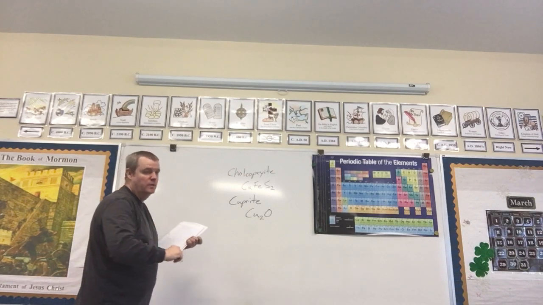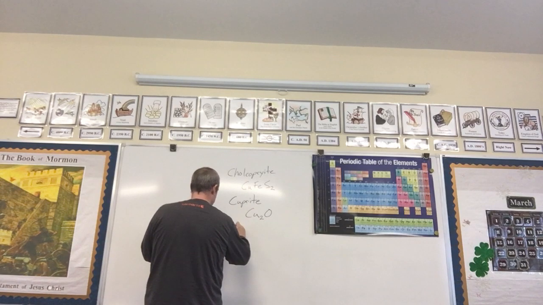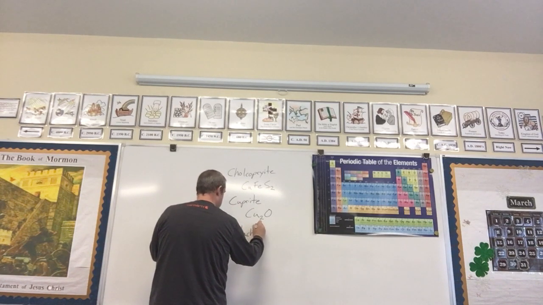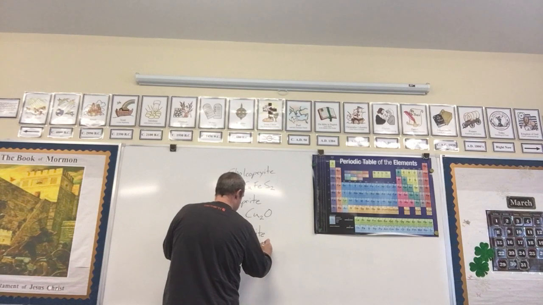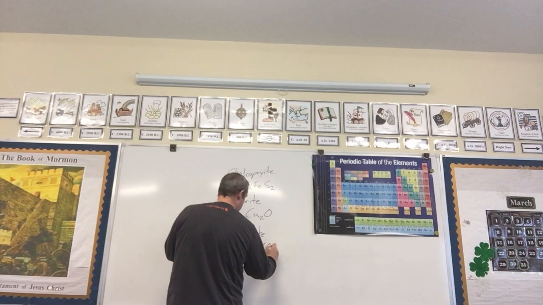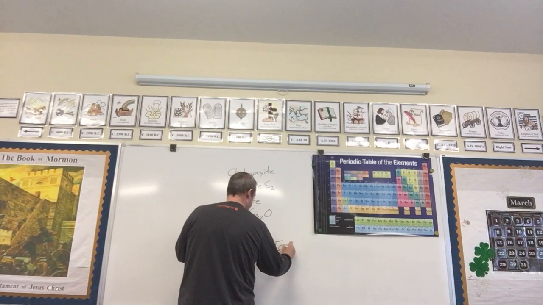And the one that I'm most familiar with is called malachite, which is copper, carbon and oxygen, sorry, and it's in the presence of some hydroxide.